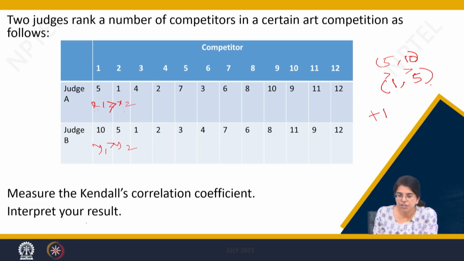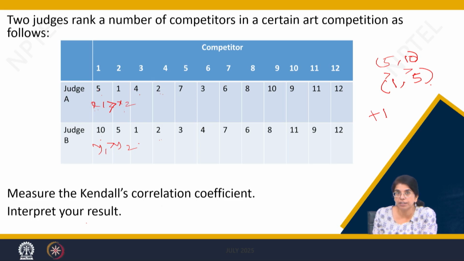Similarly, you can make a check with 5, 10 and 4, 1. You can make a check with 5, 10, 2, 2. Now in 2, 2, these two rankings are the same, so you can just give 0. Already we have seen this. So arbitrary comparison is possible, but we are going to use one shortcut toolkit.